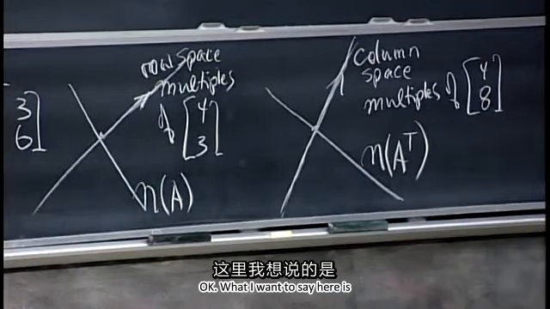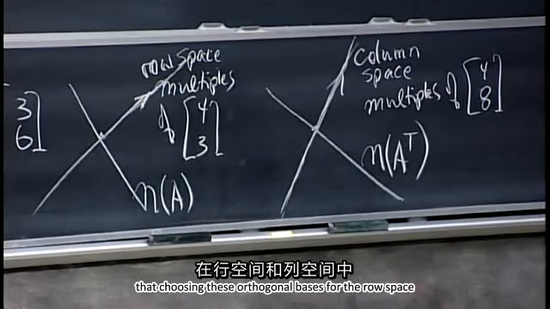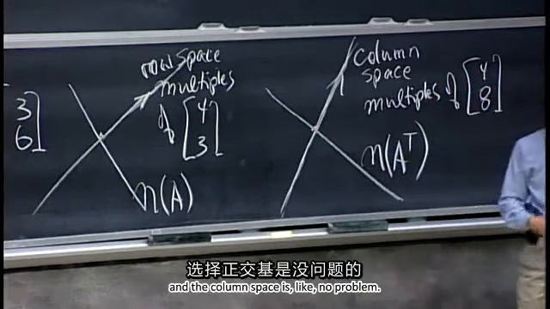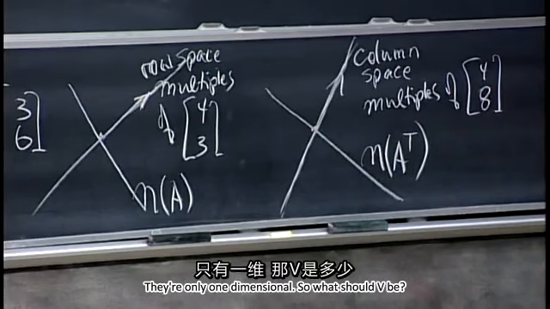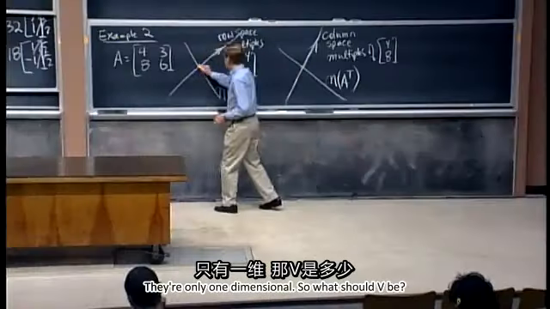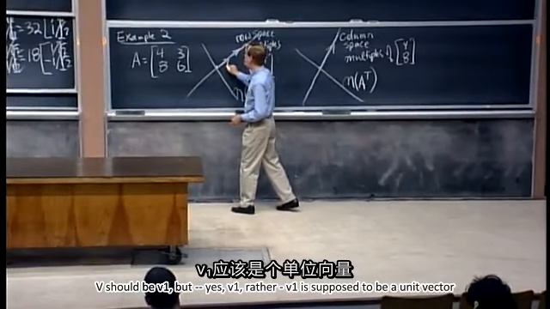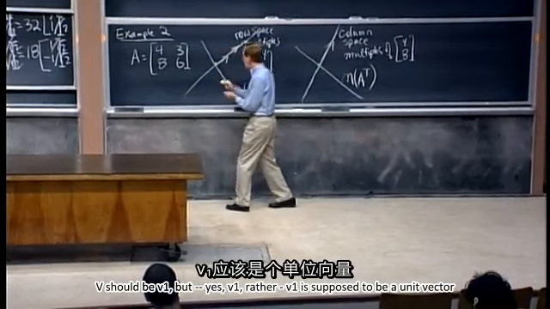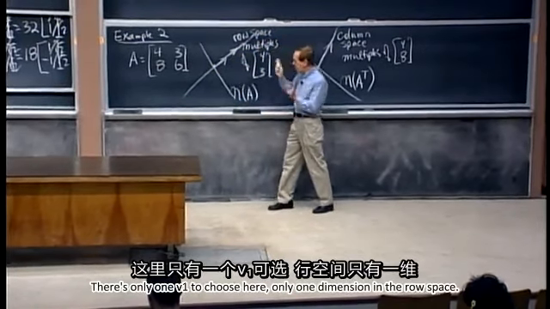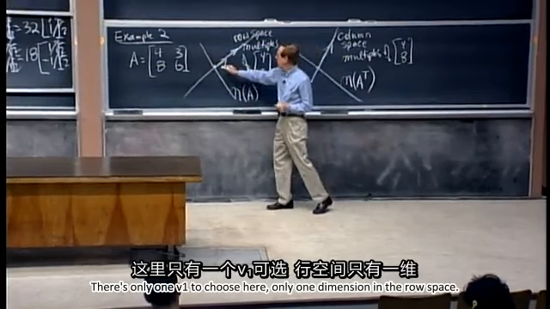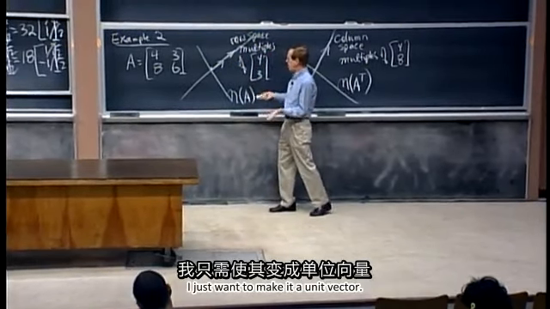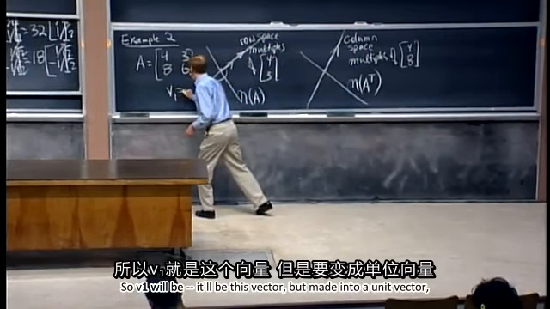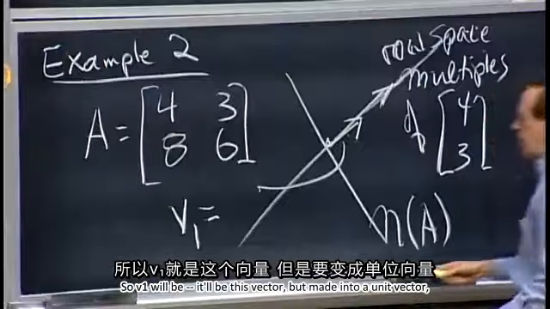What I want to say here is that choosing these orthogonal bases for the row space and the column space is like no problem. They're only one-dimensional. So what should V be? V should be V1 rather. V1 is supposed to be a unit vector. There's only one V1 to choose here, only one dimension in the row space. I just want to make it a unit vector. So V1 will be this vector, but made into a unit vector.